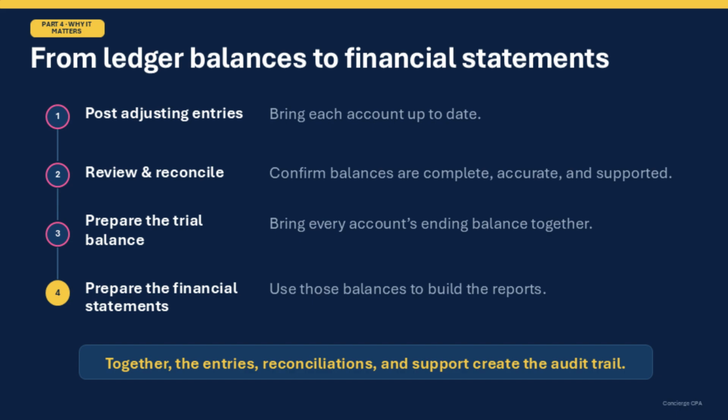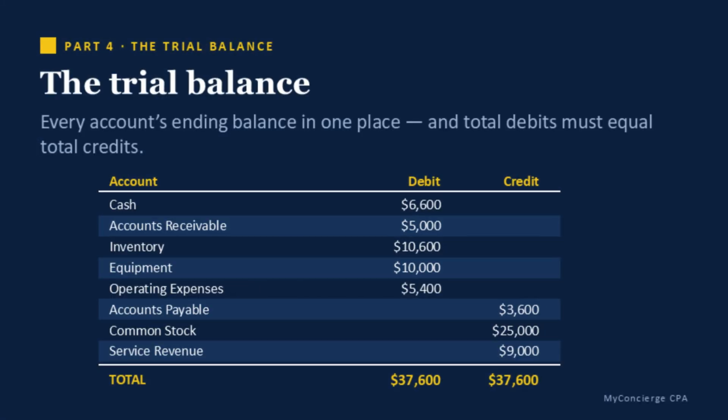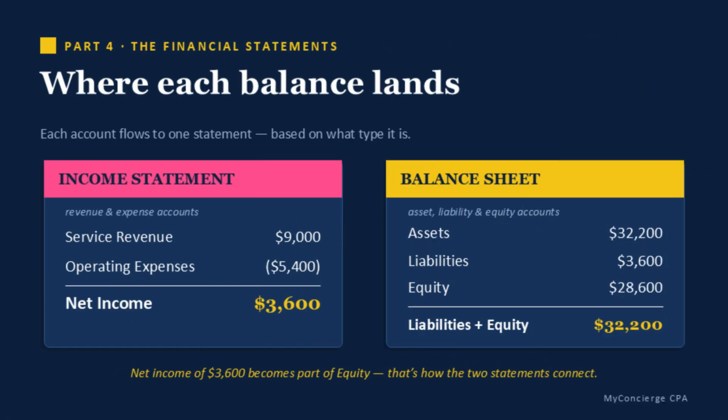The journal entries, account activity, reconciliations, and supporting documents create an audit trail showing how each balance was built. Once the accounts are complete and supported, the ending balance from each chapter is brought together in the trial balance. And from the trial balance, the company prepares its financial statements.